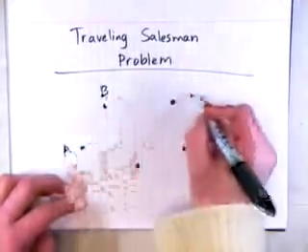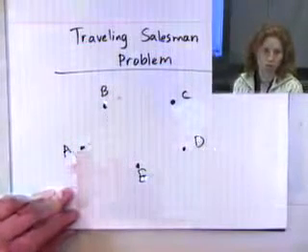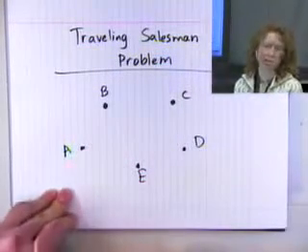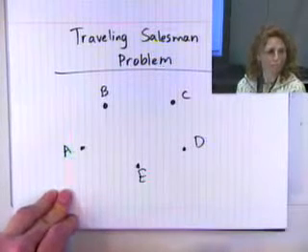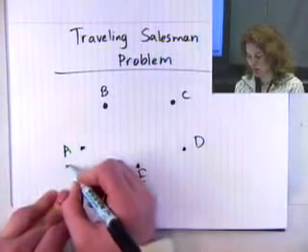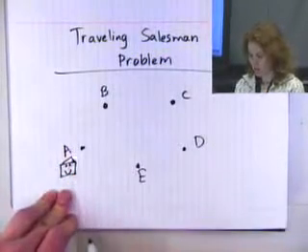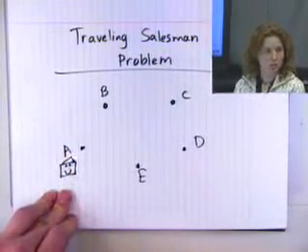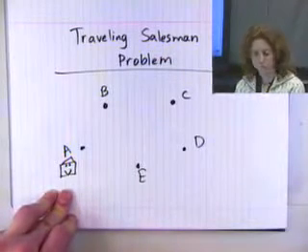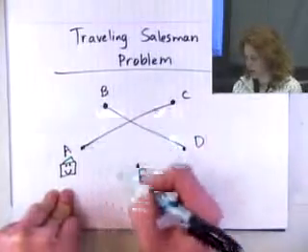But of course you don't want to go to any city more than once because people would recognize you at the door and close the door, right? And you also don't want to pay expenses to get back and forth between cities that you've already gone to. So this is where you live, right? This is your little house over here. And you want to go to all those cities and get back home without going to any city twice. Okay, and there are certain roads connecting these that you can use.